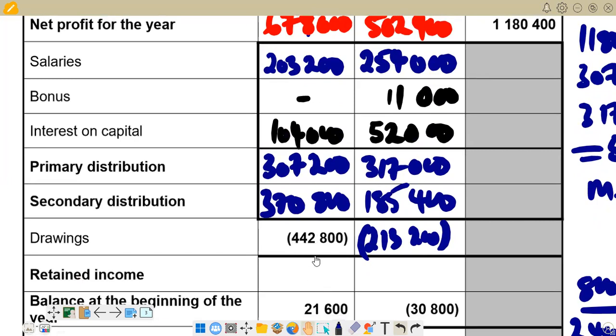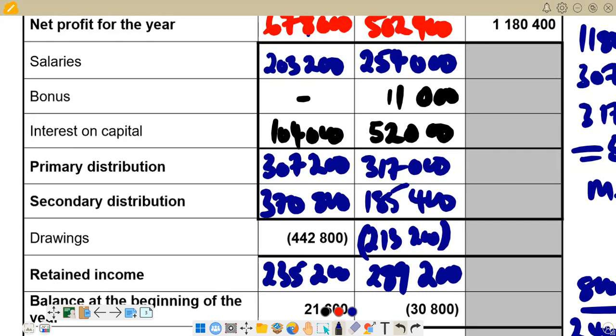If you subtract there, the answer is 235,200. You do the same on the second partner, 502,400 minus 213,200. The figure that you get here is 289,200. Right. So that's what we have.